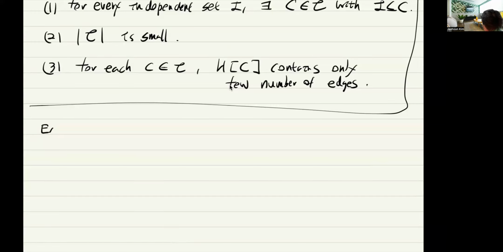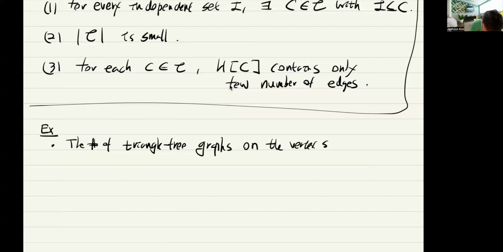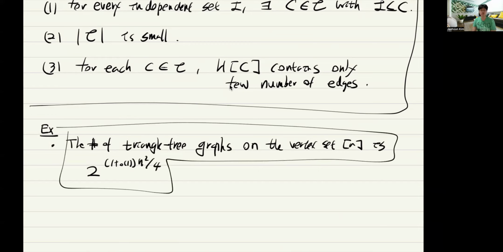So for example, this can actually show that the number of triangle-free graphs on the vertex set [n] is 2 to the (1 plus little o of 1) times n squared over 4. We can use the hypergraph container to prove this.